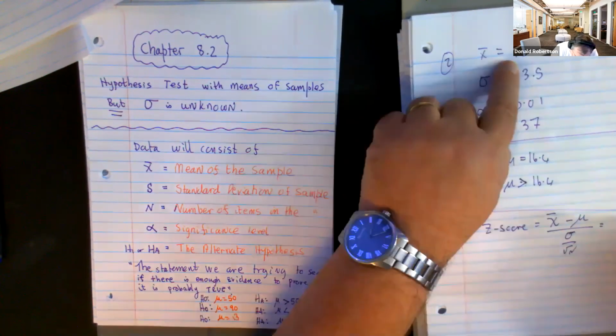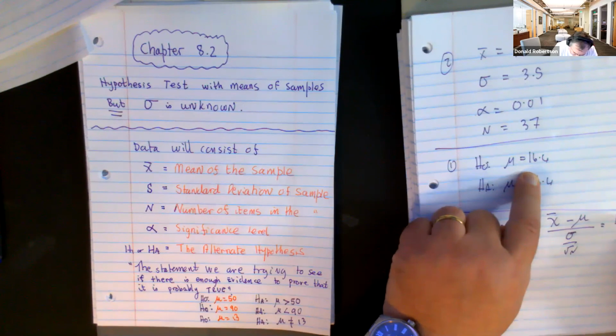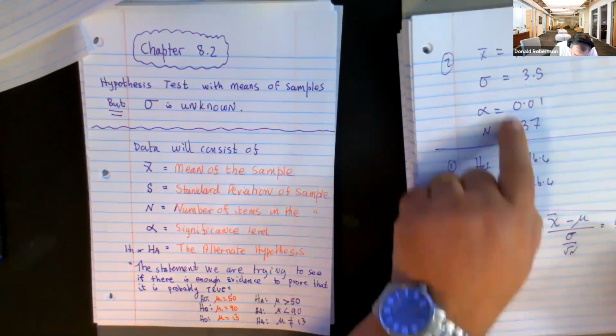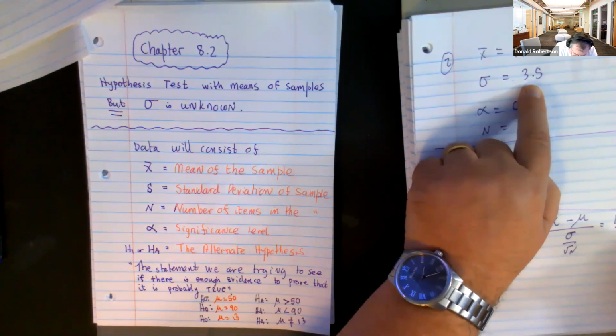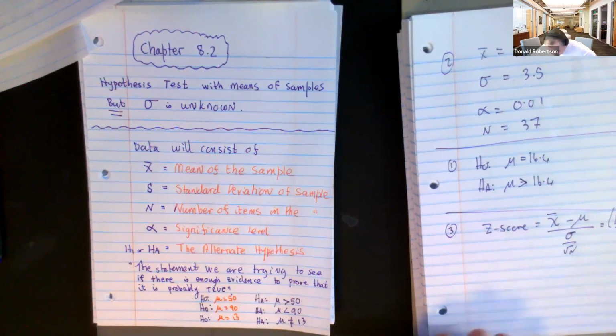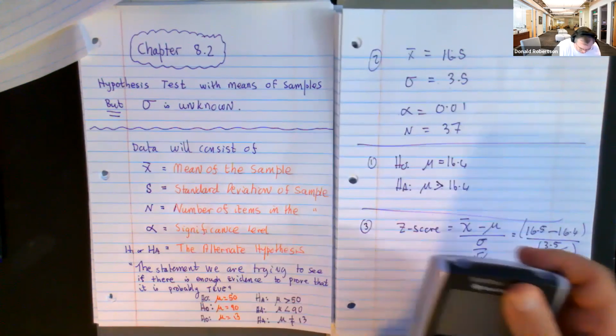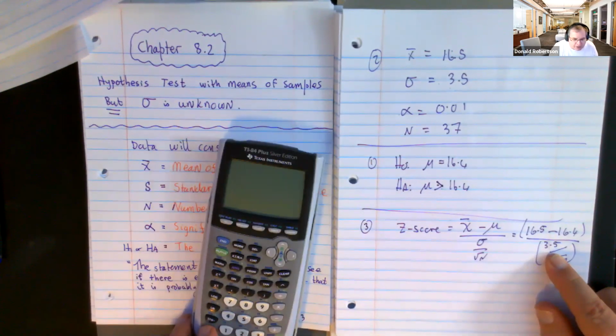And that's going to be 16.5 take away 16.4, divided by 3.5 over square root of 37. And I'm putting brackets around everything in sight because I'm pretty sure that that's not going to be a very nice looking answer.